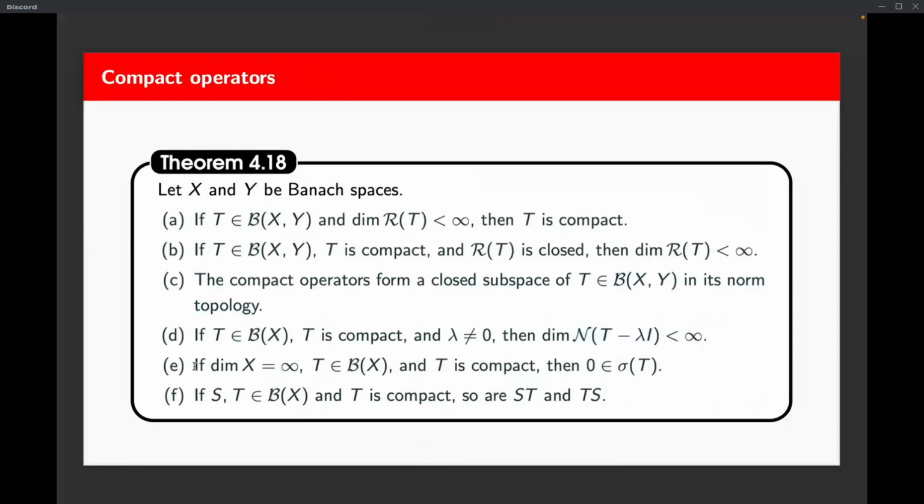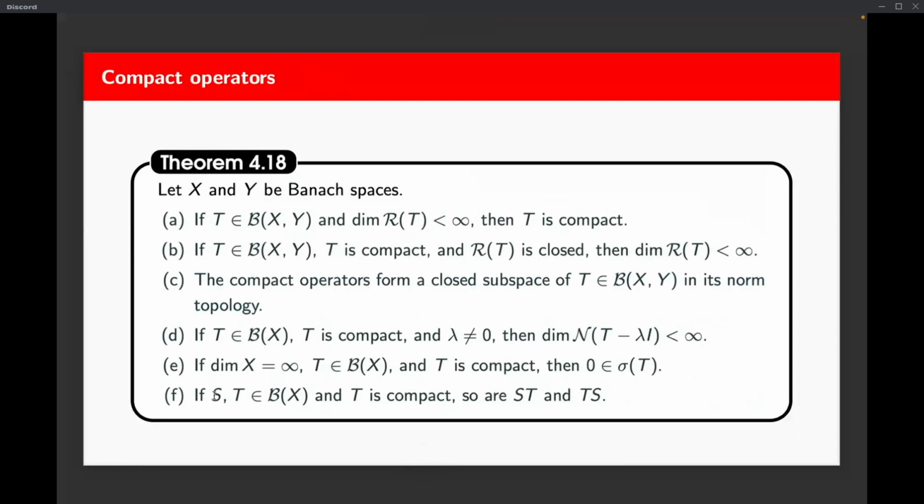And then if we are in a case where X is infinite dimensional and T is a compact operator, then we're guaranteed that zero is in the spectrum, meaning that T is not going to be surjective. So a compact operator cannot be surjective onto an infinite dimensional space.